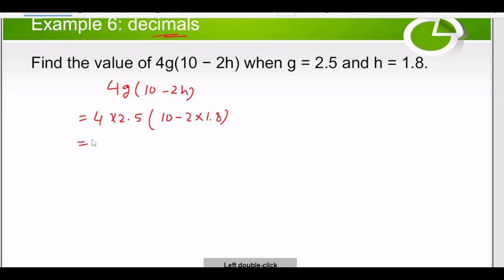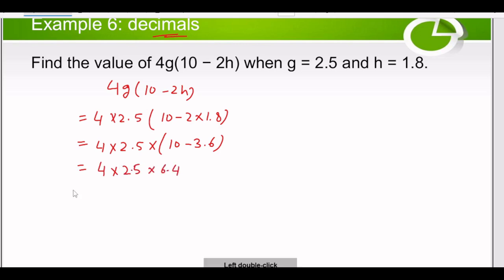So, we will calculate this: 4 times 2.5, let me leave it like this first, then times 10 minus 2 times 1.8, which is 3.6. So, 10 minus 3.6 is 6.4. So, I will write here.